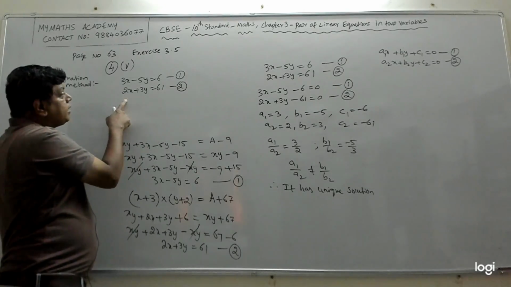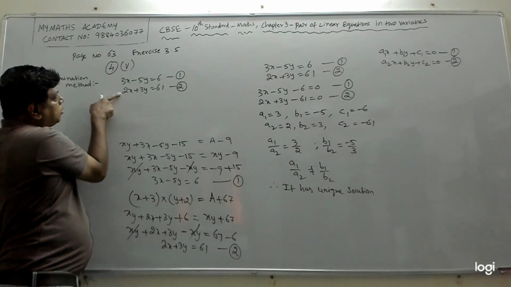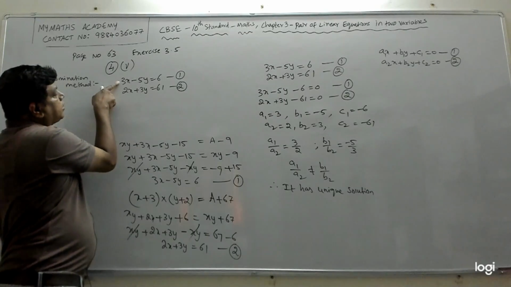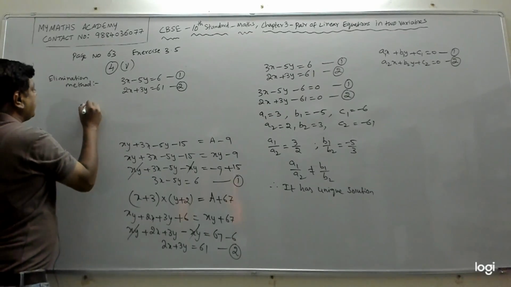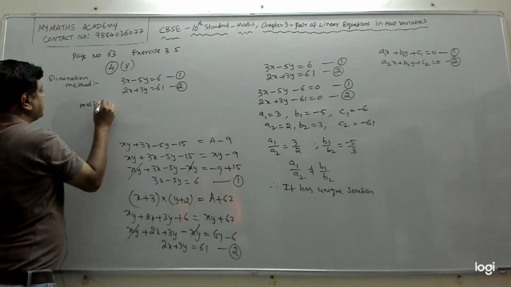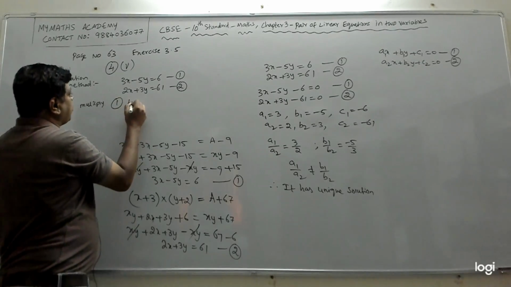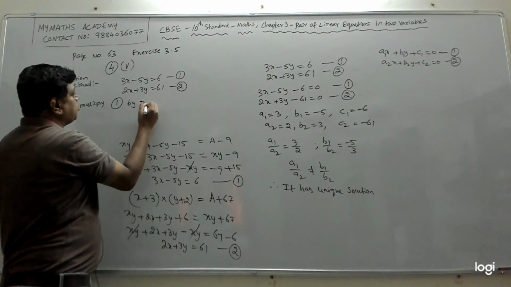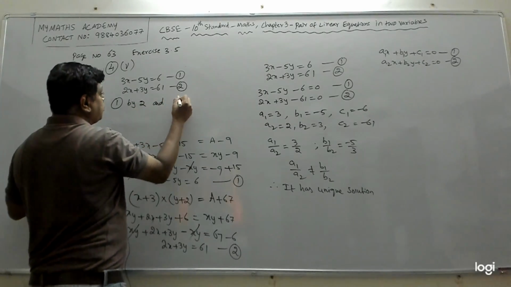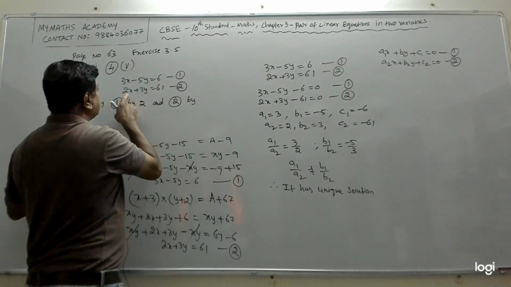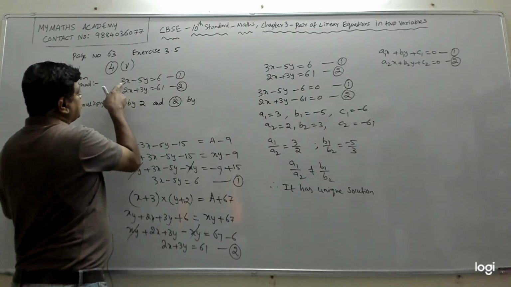So we are going to multiply equation 1 by the coefficient of x of the second, which is 2, and equation 2 by 3.